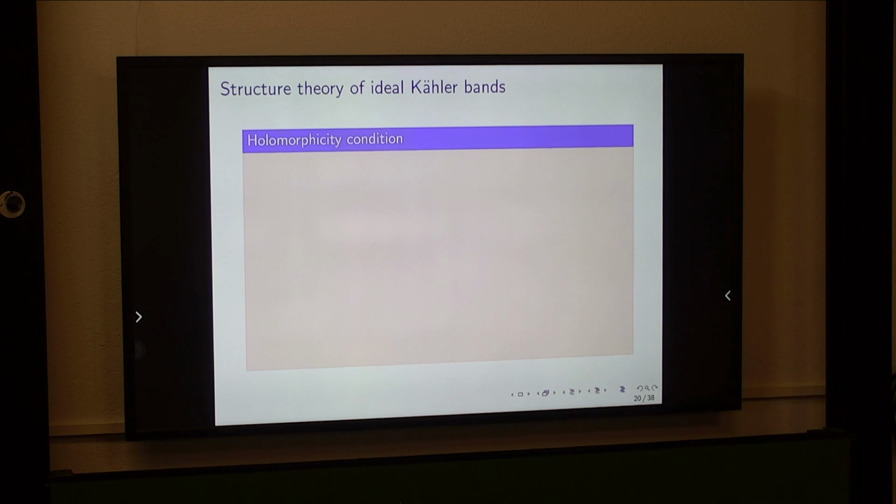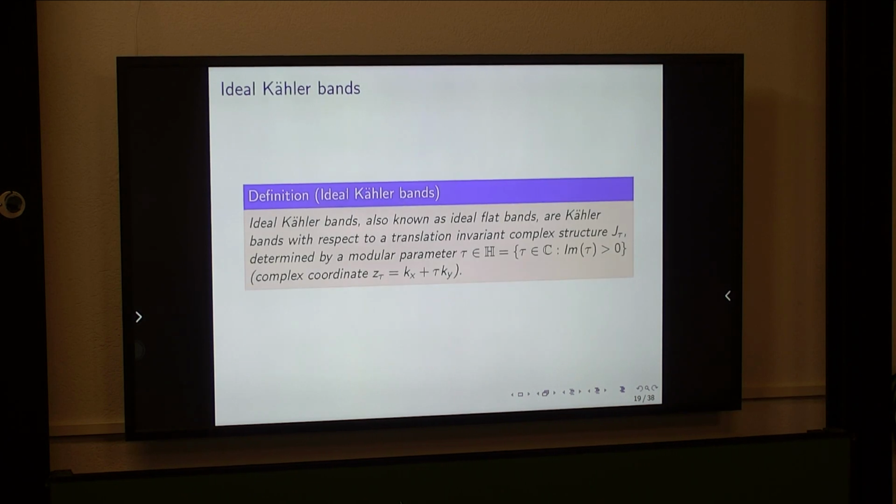Excuse me, short question. Physical example. Suppose I have a layer, magnetic field up, and then another layer, magnetic field down, total zero. I connect them. Could it be an example of an ideal Kähler band? So an example of a Kähler band is the lowest Landau level.